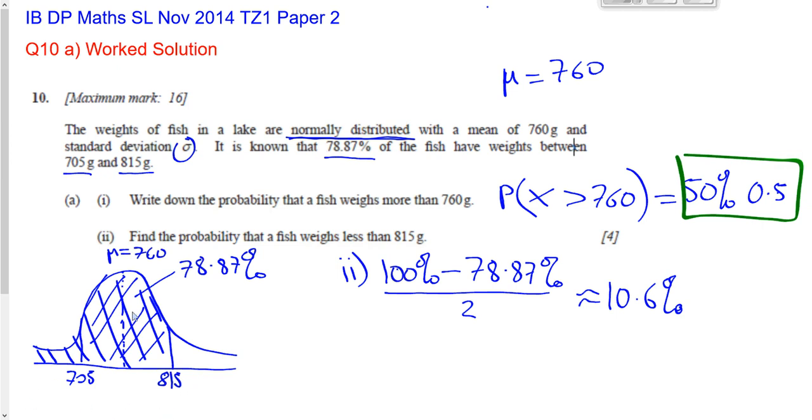So to figure out the area from here to here, we're going to add the 78.87 and our 10.6.